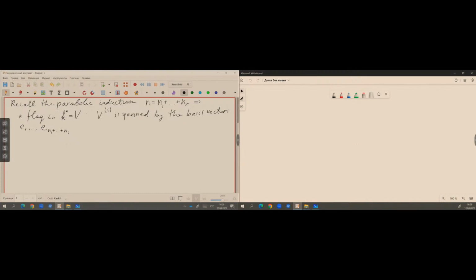Okay, so these n and i's are the dimensions of the associated graded components.